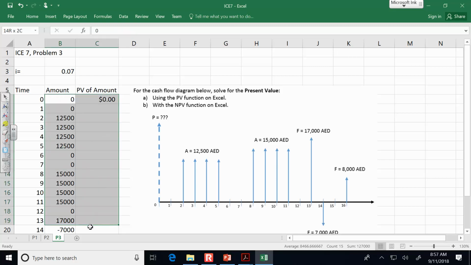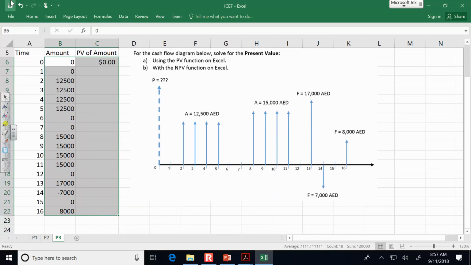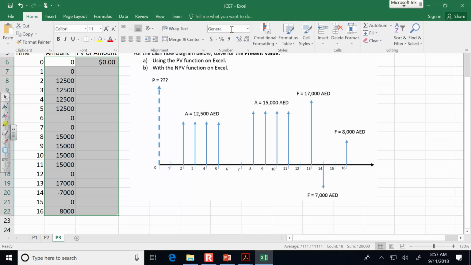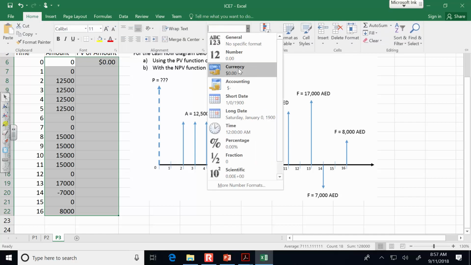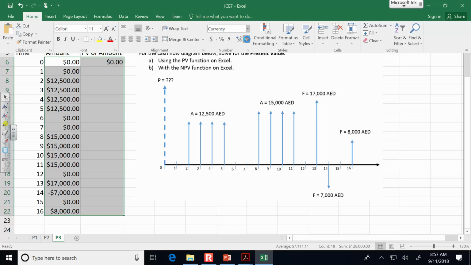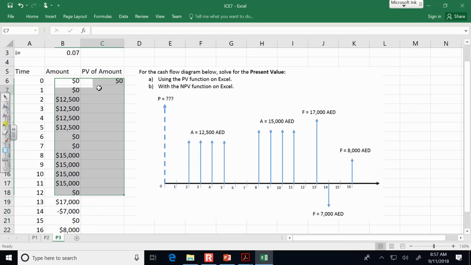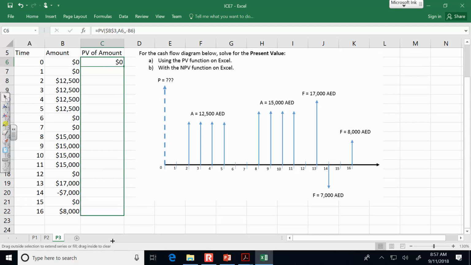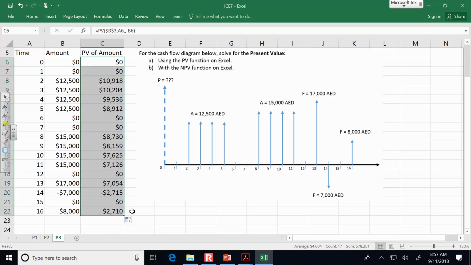And let's highlight all of these and turn it into currency. So home, currency, and decrease the decimal just so there's less nonsense on the page. Okay, so now we can drag that formula all the way down through, and let's see if the numbers are making sense to us.